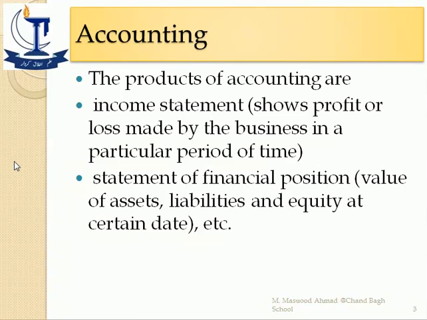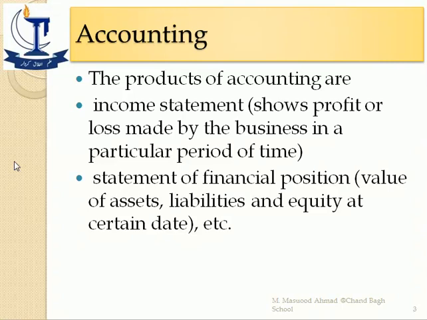Next is your financial position, which is very important and which shows the worth of the business at a particular time period, at a particular date. For example, how many assets it has, and what are the values of liabilities, how much loan they have taken from banks, and what is the value of credit from which they have made credit purchases.